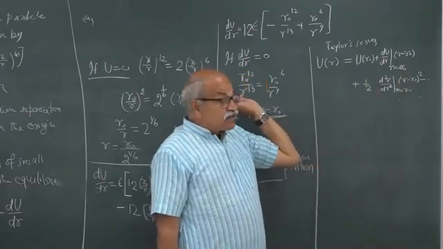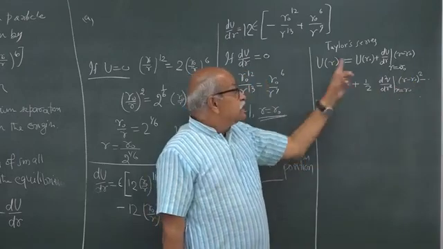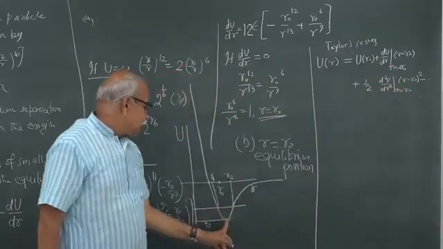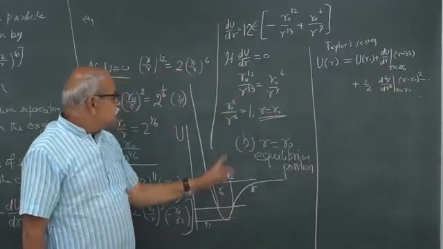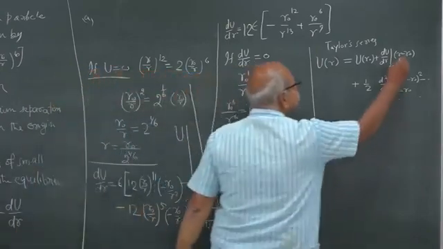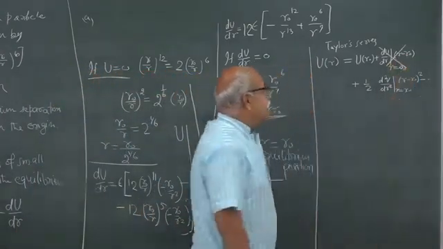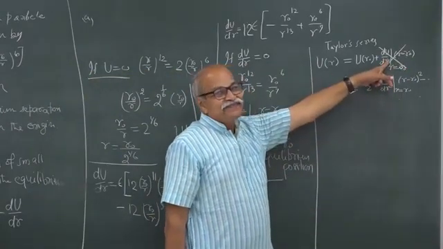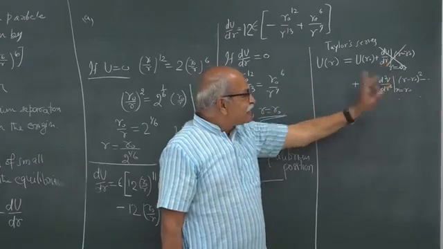Now, in our case du dr at r equal to r naught is 0. This is r equal to r naught and here du dr is 0, and therefore, this term is not there, and so I cannot neglect this in comparison to this, and so I have to evaluate this.